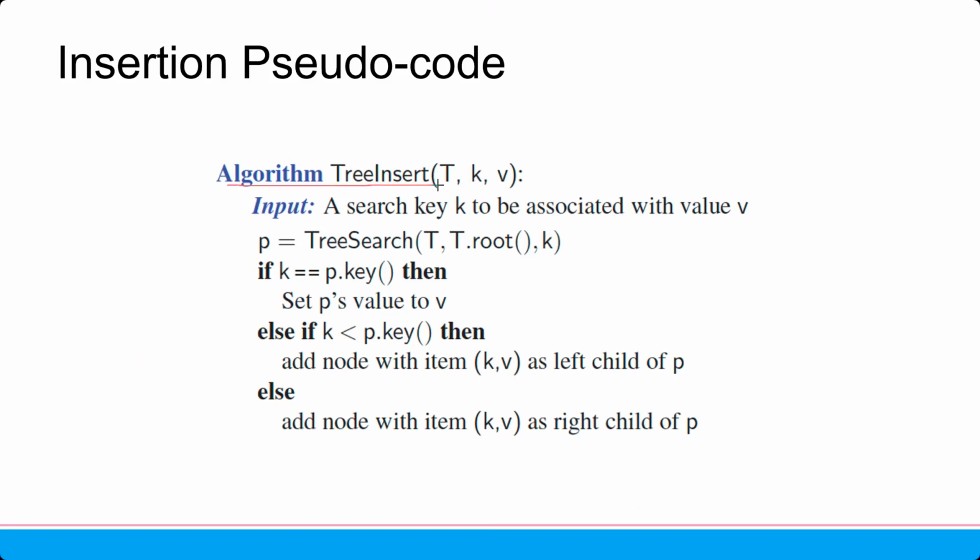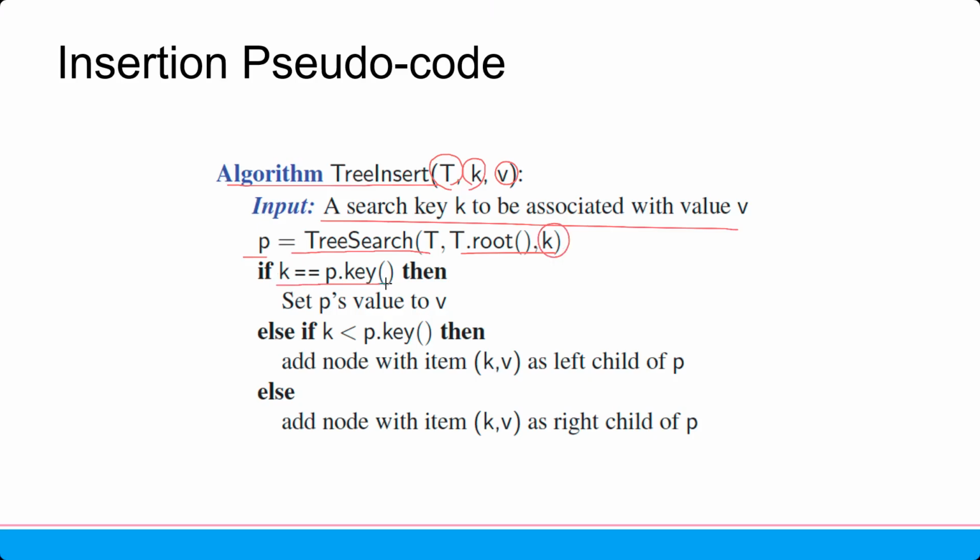So the algorithm TreeInsert, where we have the tree T, and then k is the key, and v is the value. So we search for key k to be associated with value v. We have T, which is the tree, search(T, T.root, k). So we want to insert the k.